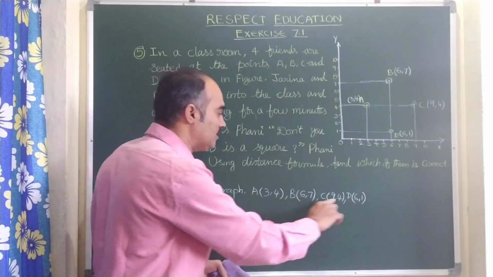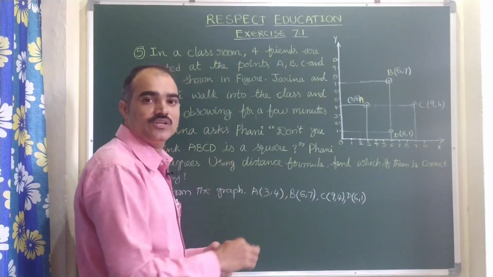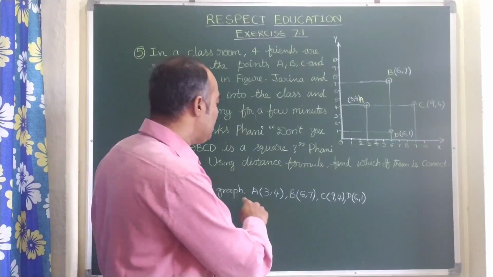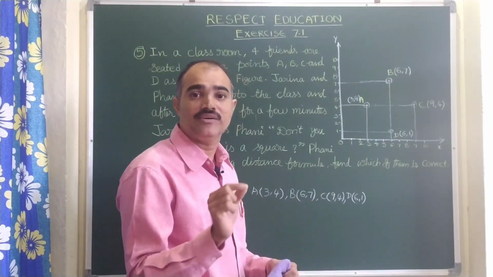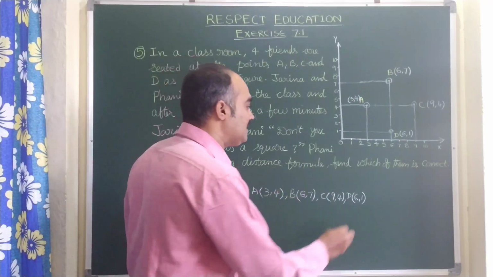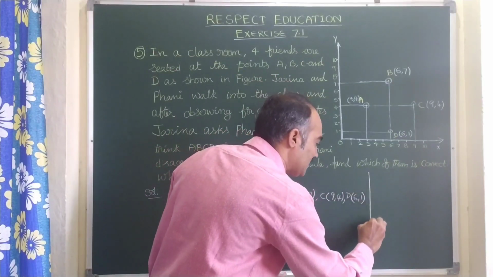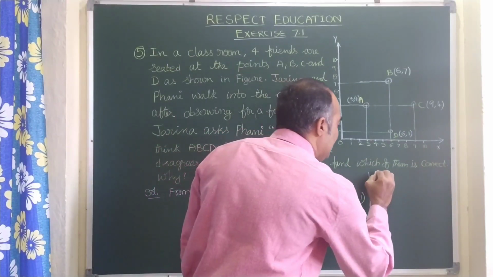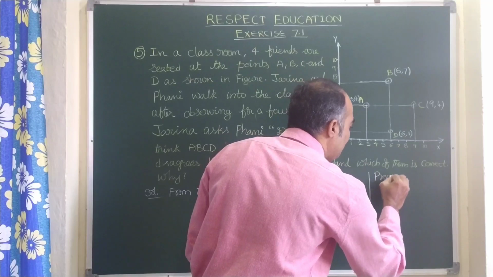Now here we have these 4 values. Now the question is whether these 4 points form a square or not. Let us see the properties of a square.